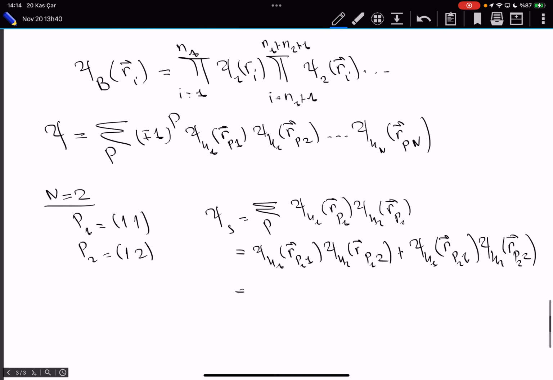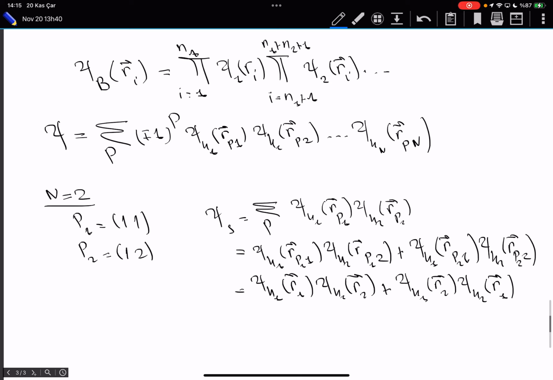Well, P1 doesn't change anything. The first permutation gives R1, R2. P2 just changes 1 and 2. So this is our symmetric wave function.